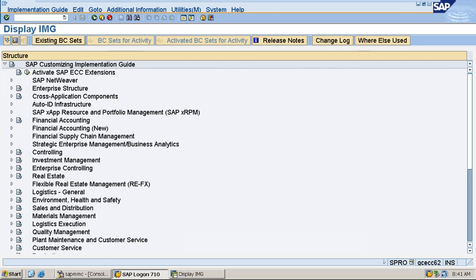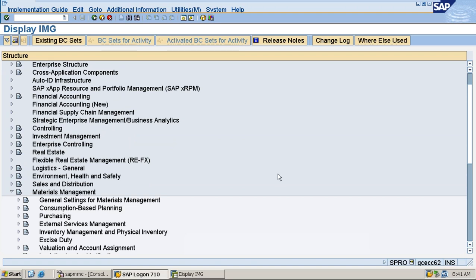Okay, 99%, 100% it's SD consultants who do this, but you will see everything under MM. There is no integration with SD. Everything is MM.